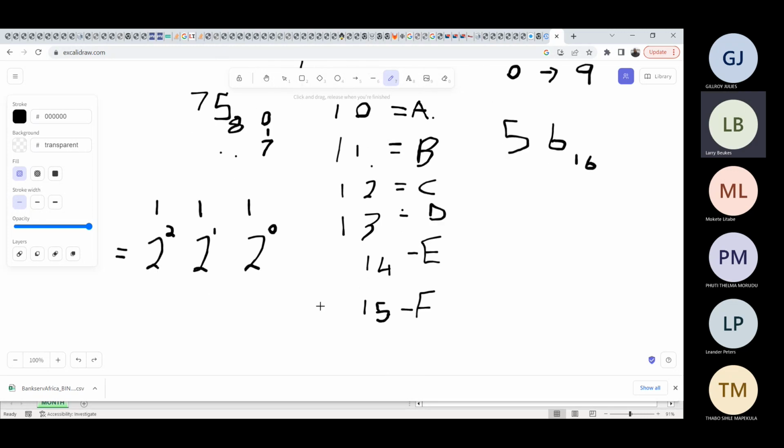Everything to the power 0 is a 1, then add 2 to the power 1, which is a 2, and 2 to the power 2, which is a 4.